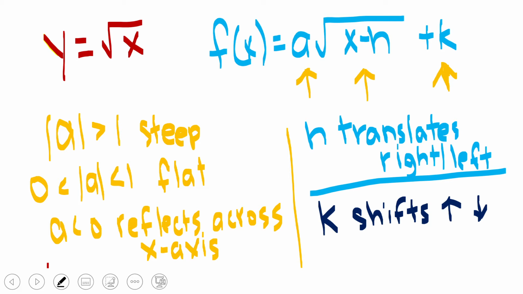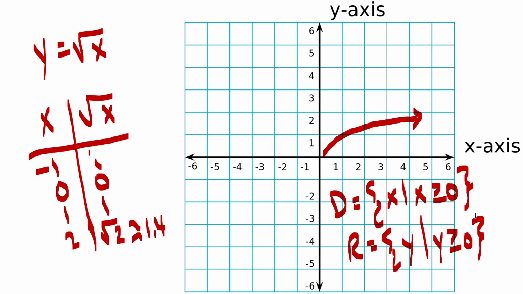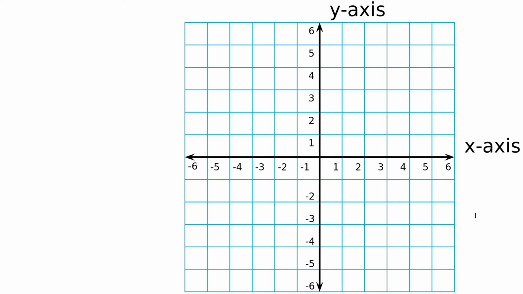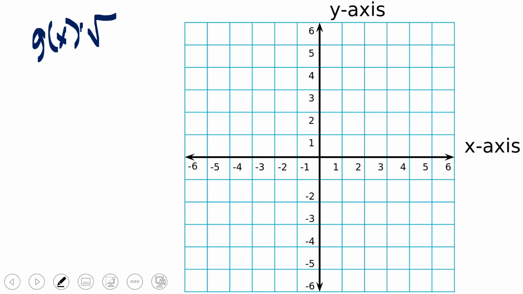What does all this mean? Let's look at examples. If we're given a function g of x equals the square root of x plus 2, then we're going to see from the parent graph we have a shift up or down for the k value of a positive 2.